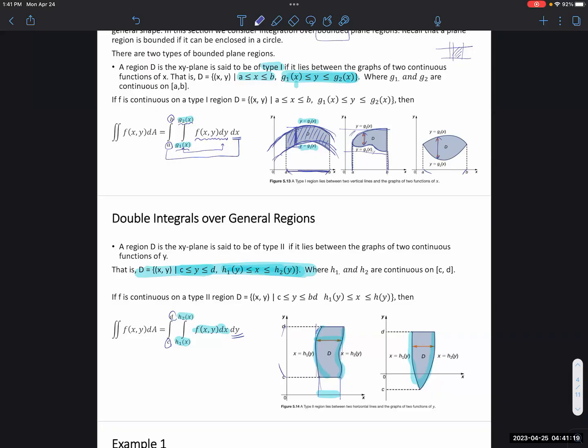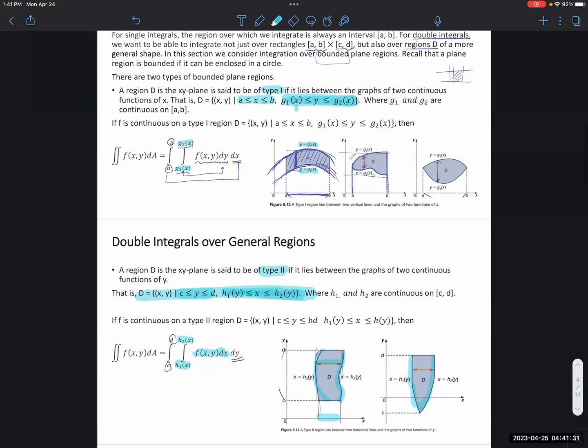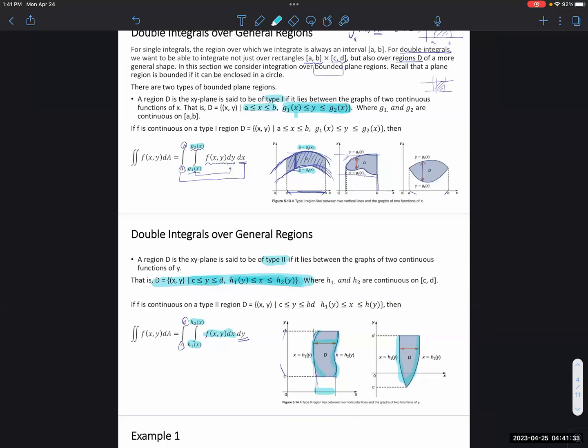So we have type 1 and type 2 cases, and we're going to solve these kinds of questions in 5.2. This is a double integral for the general region. The key point is to check the integral. Do I have the x integral fixed or the y integral fixed?